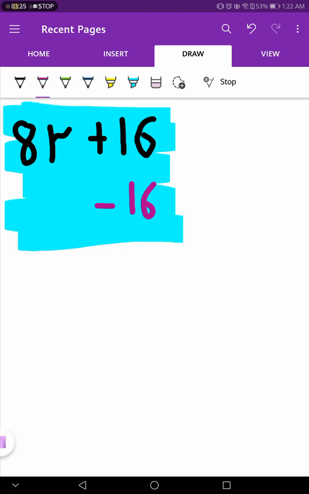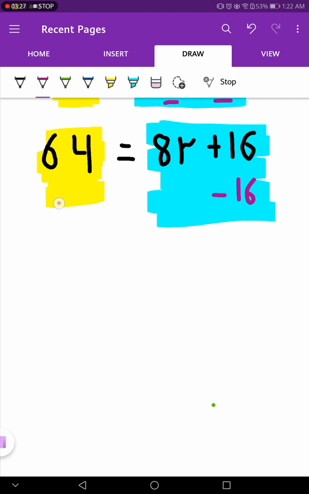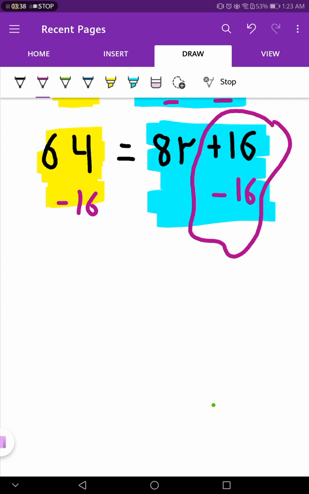And what you do in the right side, you have to do in the left side to keep the balance. Okay, balance.